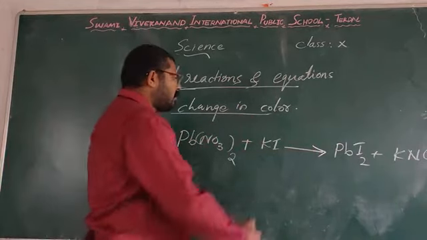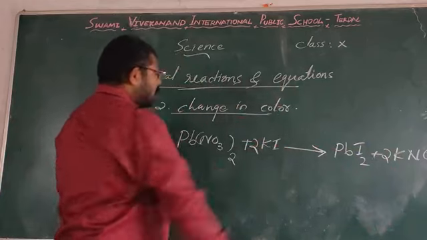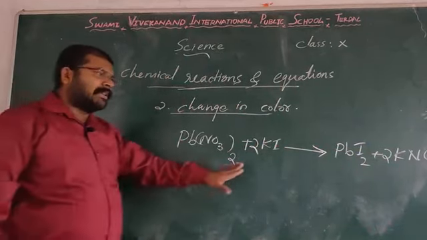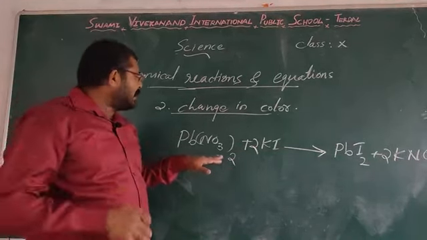You have to balance the equation. These are the balanced numbers for this chemical reaction. We will discuss balancing chemical equations in the upcoming classes.